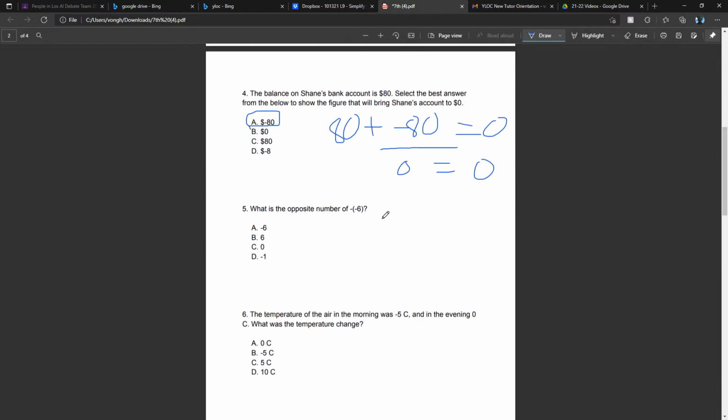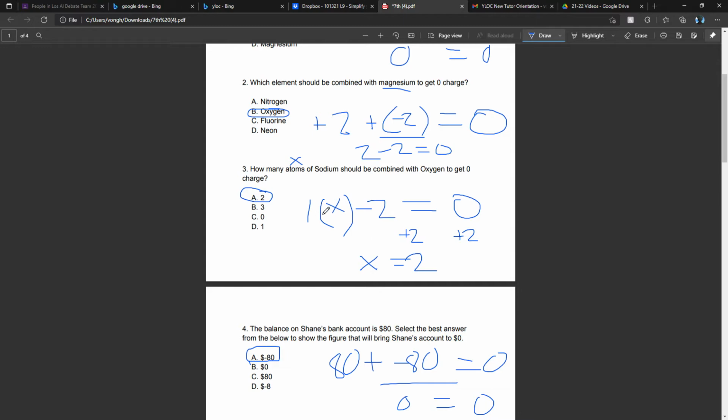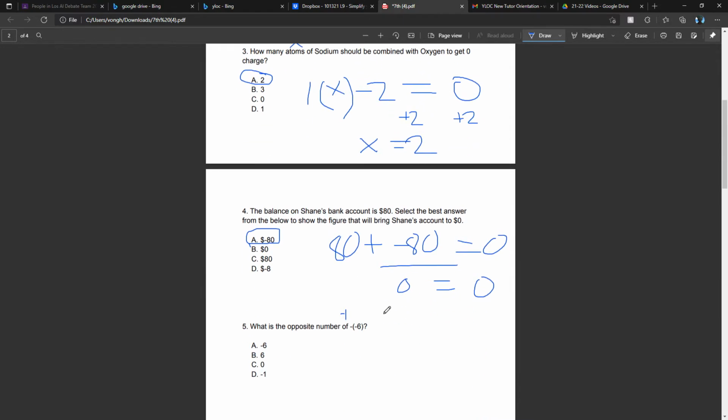What is the opposite number of -1? Since there's no 1 here, but there is, we don't write it there, but like say, for example, these variables, it's 1x, but we just don't write a 1 there because you don't need to. Same thing for here.